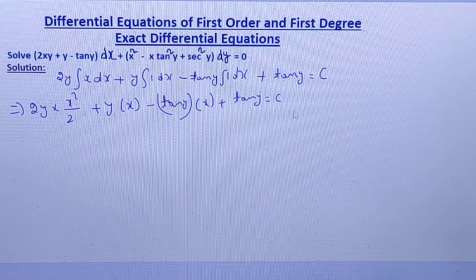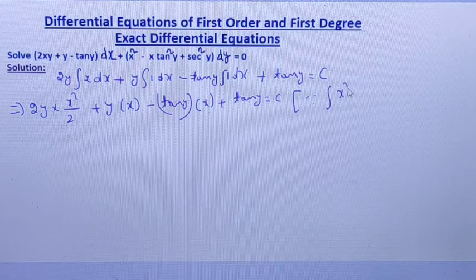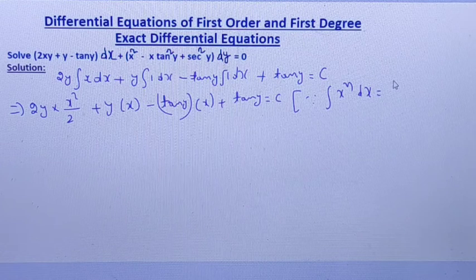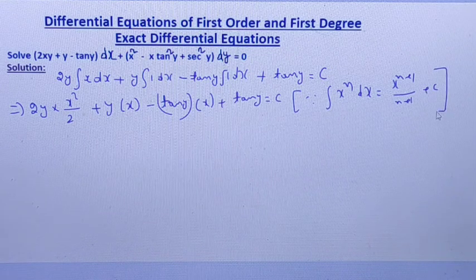What is the formula that we have used? The integral of x to the power n dx is equal to x to the power n+1 by n+1, plus c. Because the power of x is 1 here, x to the power 1+1 is 2, by 1+1 is 2, so x^2 by 2.